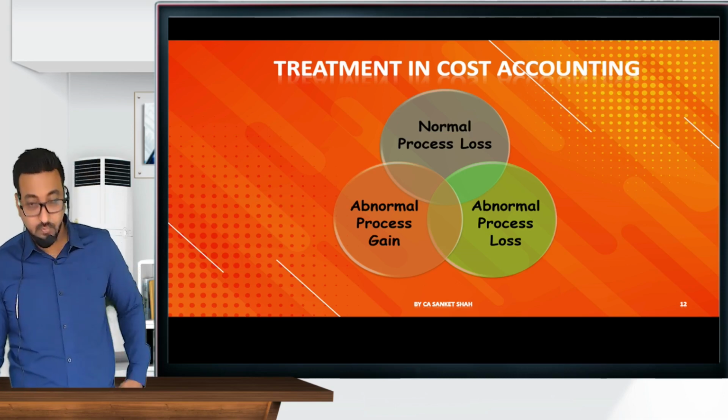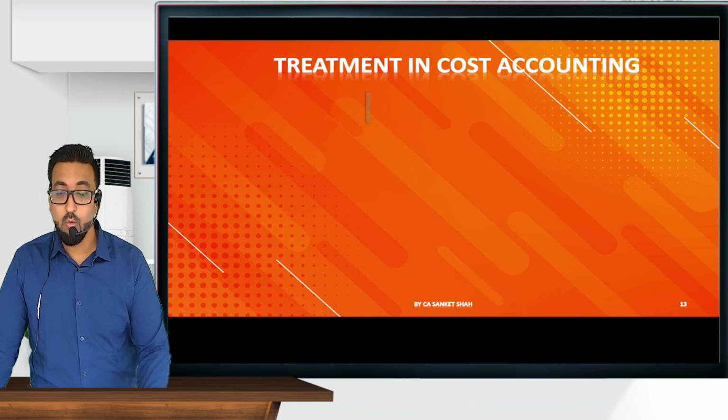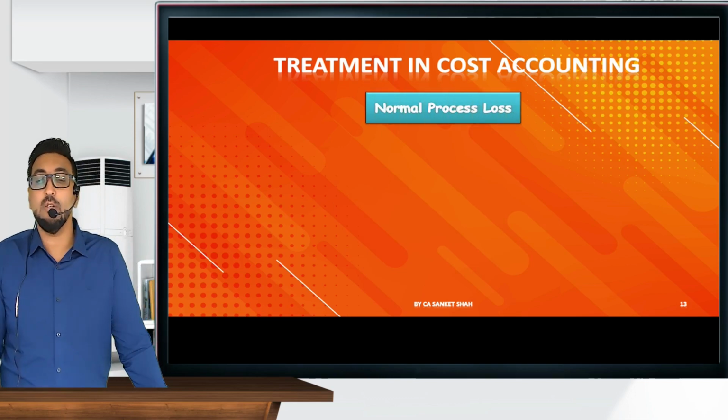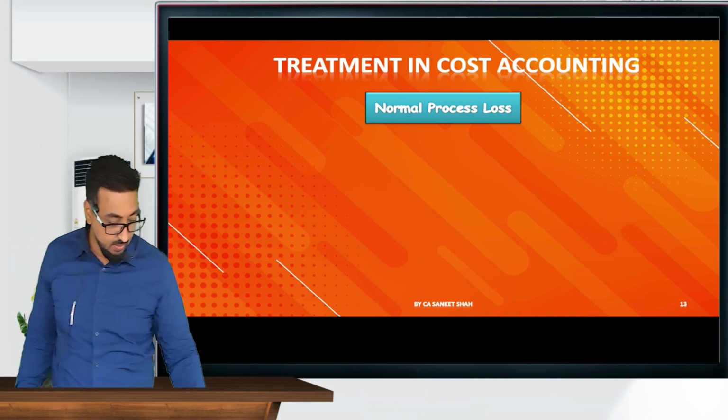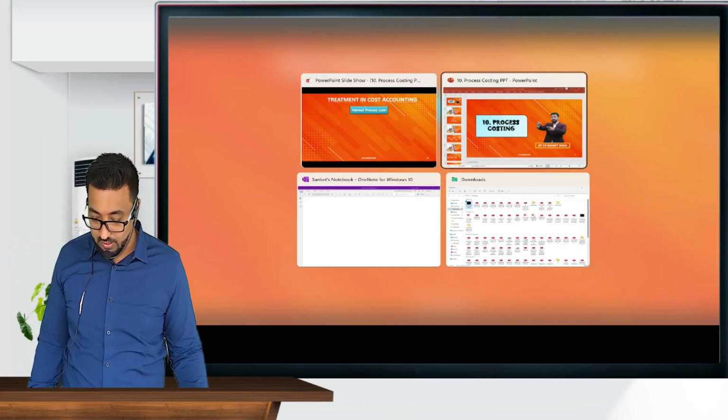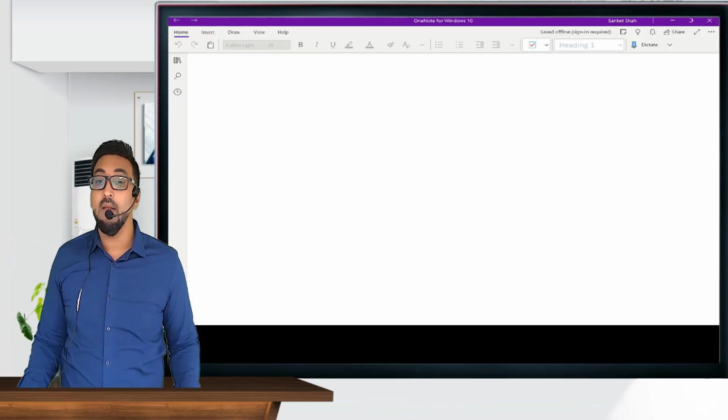Chalo, write down. What is the normal loss? See, normal loss is absorbed by good units. So suppose if your cost, I will explain it in detail. So normal loss क्या होता है? Already you studied it in the foundation.